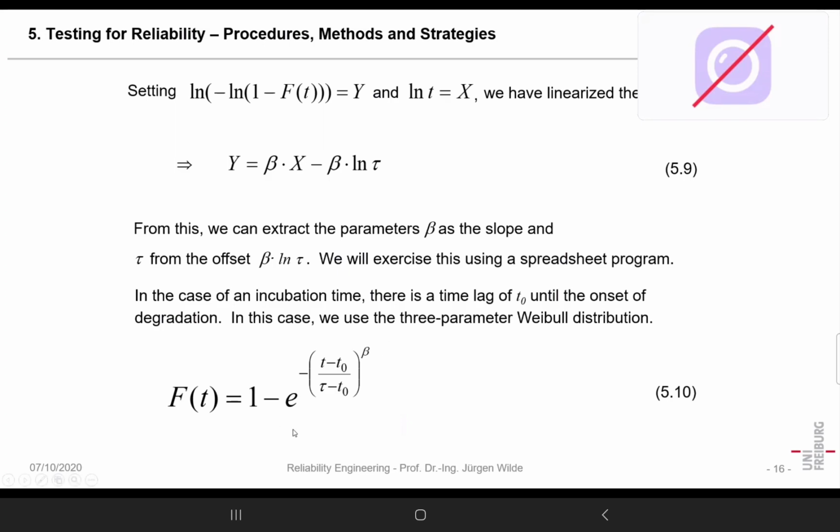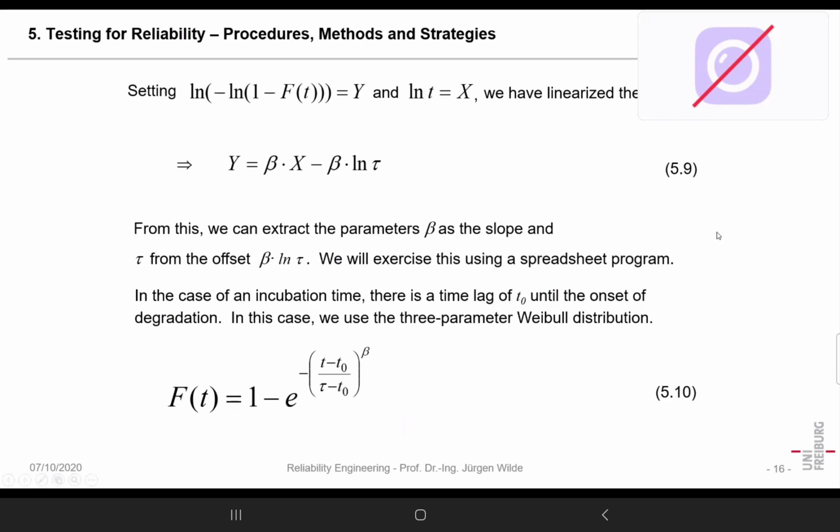So in case you assume it's such a 3-parametric Weibull distribution, the easiest way is you estimate the T0, and then you subtract it, do the linearization, and then you plot it. And maybe it's not yet a straight line. And then again, you adapt that value in an iterative way, and so you can estimate what the T0 is.